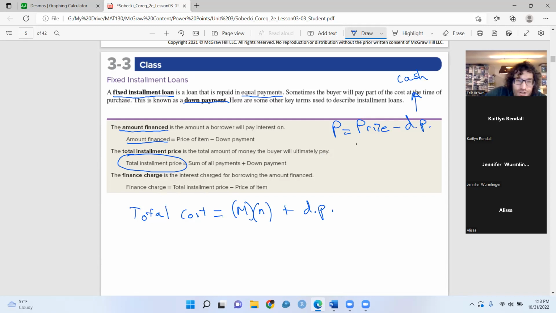So the finance charge, this is kind of like the interest. So this is the extra cost. This is how much you paid to borrow money. We'll leave it as finance charge.